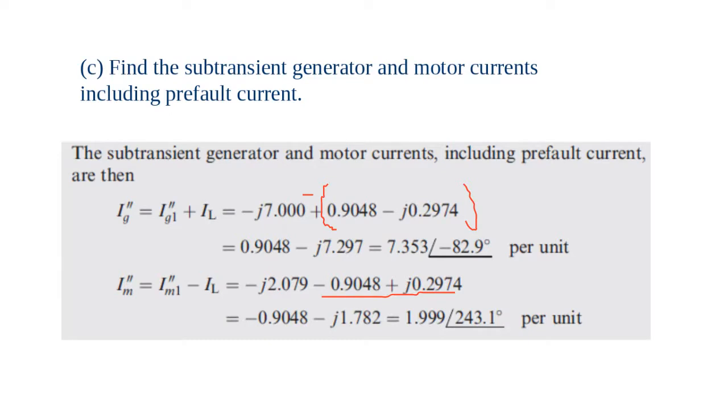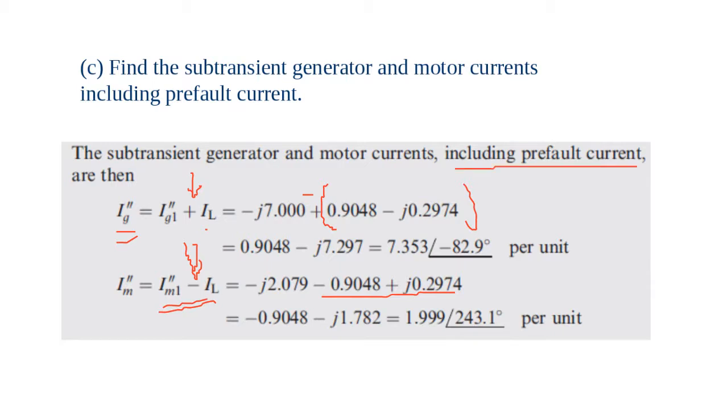Ahmed, my question was why this is negative. Why do we put negative here and positive here? We want to find the generator current. We add the load. What happens here is the fault motor, including the pre-fault current.